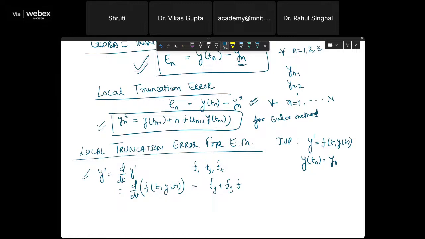In this way it is possible to understand the continuity of the second order derivative of y.